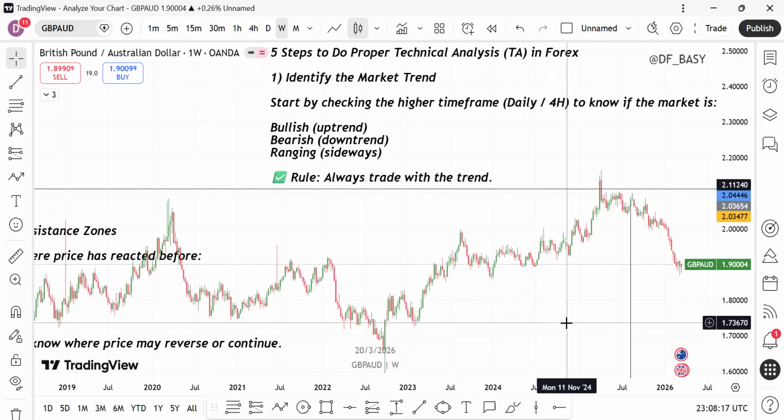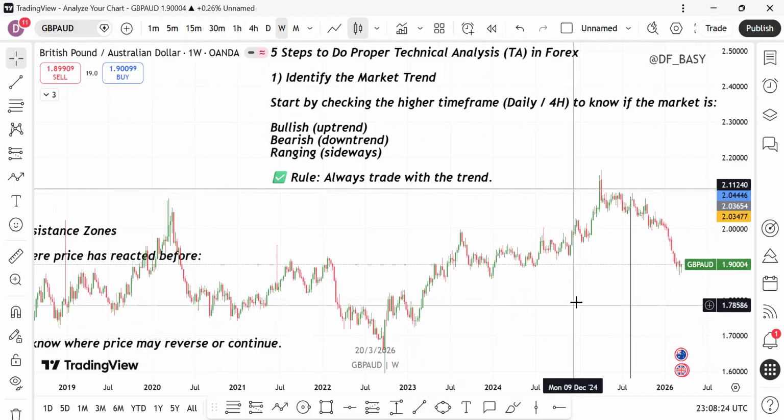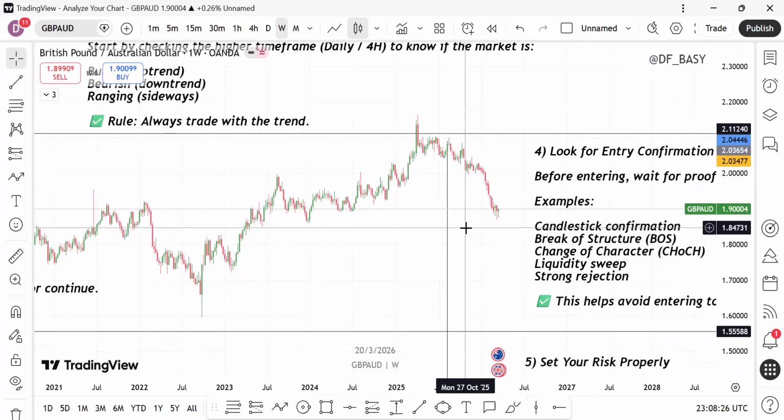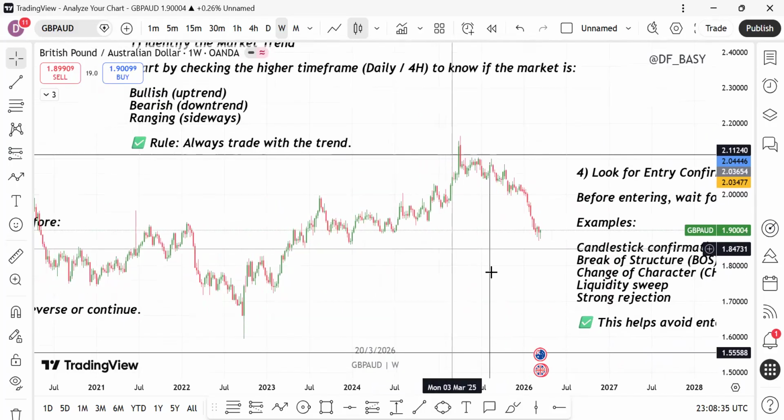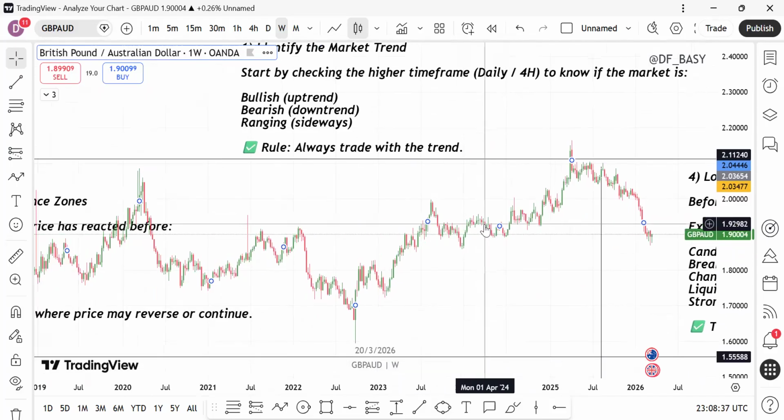You might make profits sometimes, but in the long run you will not be profitable because you're just guessing. You don't have a direction, you don't understand the trend, you don't know where the market is going, and you don't understand the key basic things that should align to make your bias meaningful.